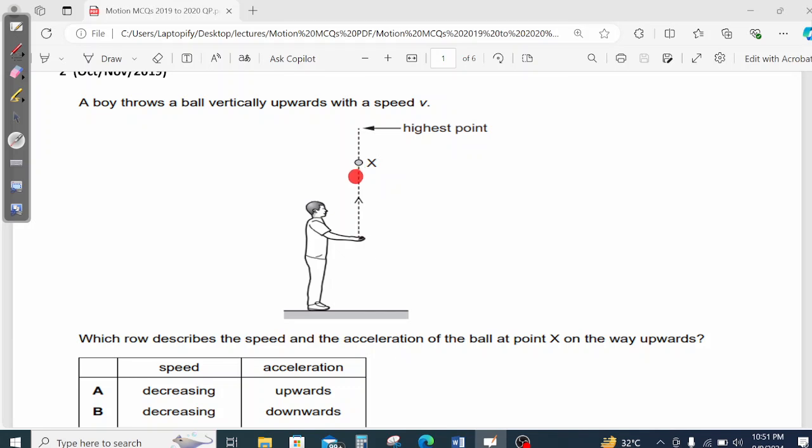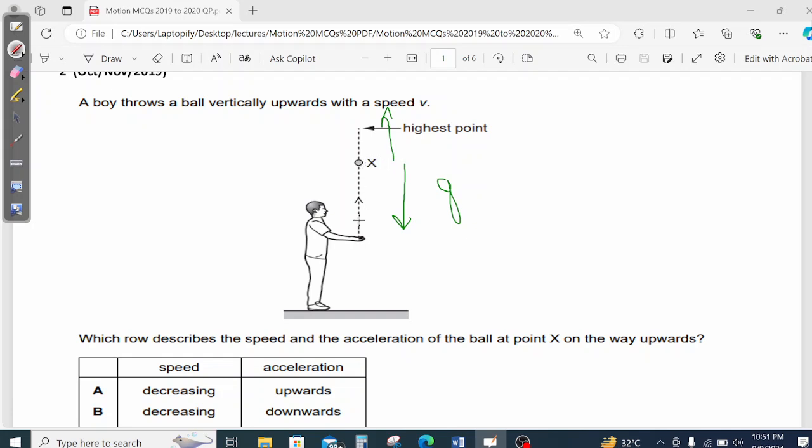The reason is that gravity attracts the body towards its center. I have highlighted that the direction of gravity is downward, and the body is moving in the upward direction. That is why the speed of the ball decreases.